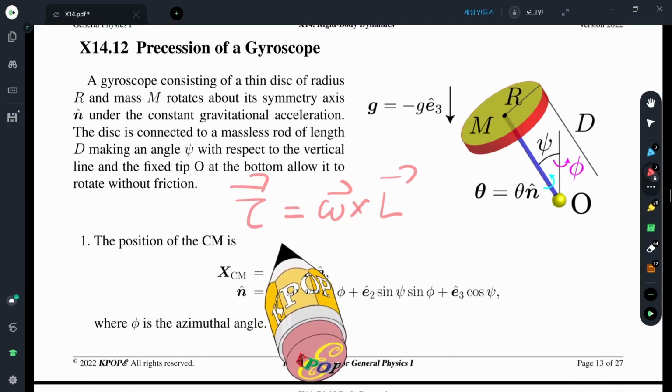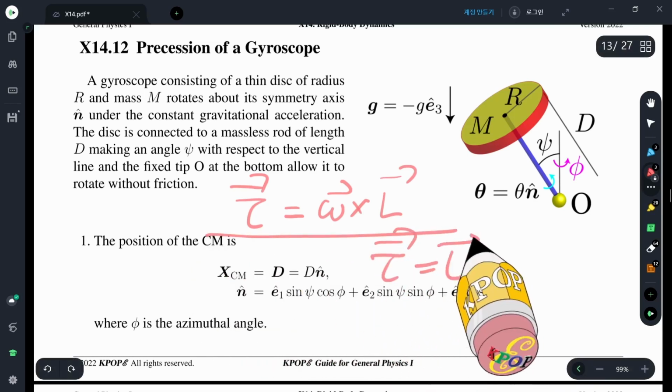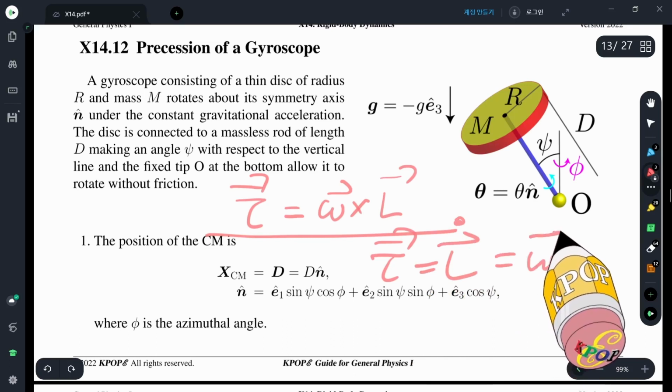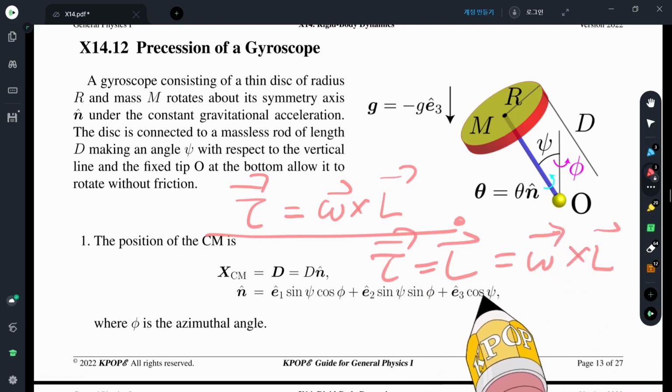And actually this is Euler's equation. That is tau is L dot equals omega cross L. This is an approximate relation for the full rotational version of the equation of motion.